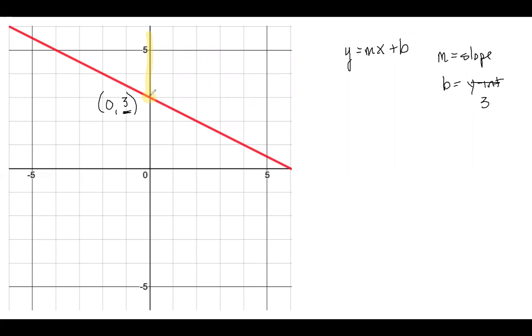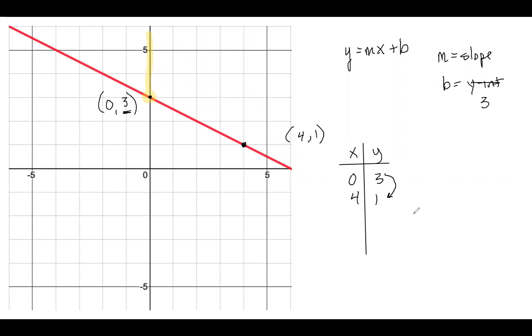All right, the slope. I've got this point, I might as well use it, (0, 3). I'm going to come down here and find another good point right here at (4, 1). And then I'm going to find the slope. This time I'm going to use a table because I used the graph last time. So I got x, I got y, (0, 3) is one point, (4, 1) is a second point.